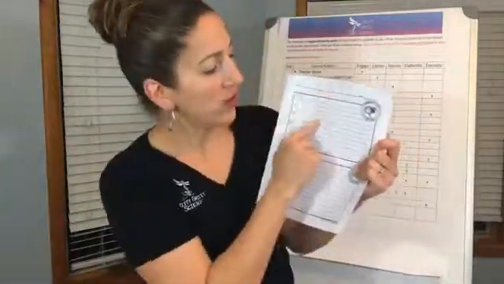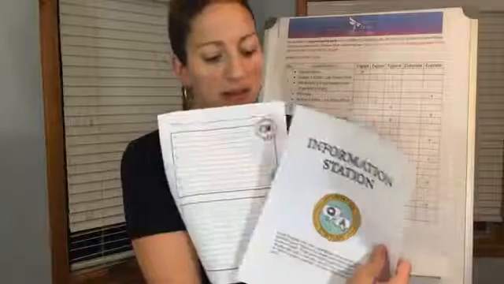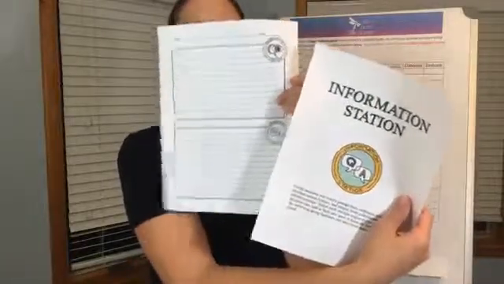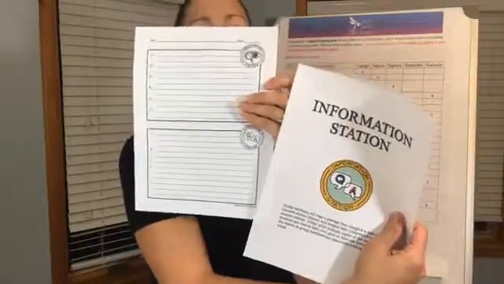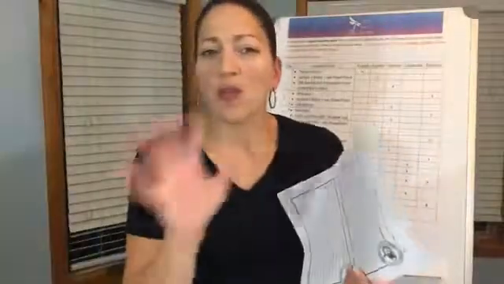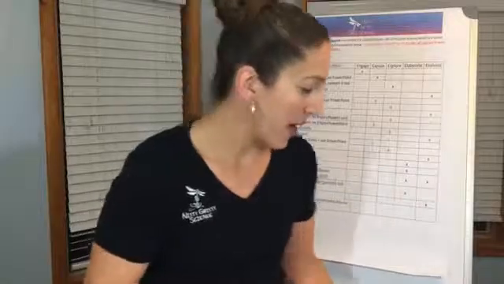So if the students are answering here, they know they are at observation station. Here, information station, it's going to be right there. You can see the icon matches with the station. So they shouldn't have any trouble. Where do I put my answers? Where am I at? And they just rotate around, okay? That again is more of a class management piece that I wanted to share that was in there.